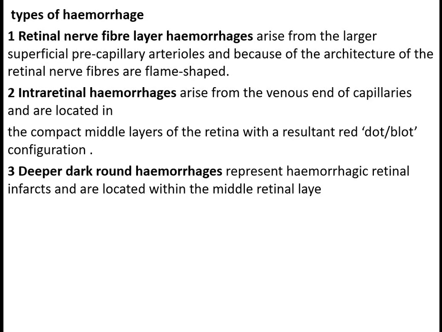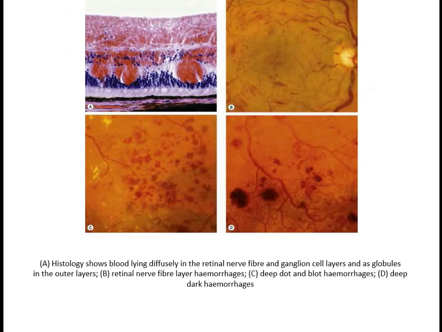It represents a hemorrhagic retinal infarct and is located within the middle retinal layers. تلاحظون هذا flame shaped hemorrhage in B، taking the shape of the axons layer. In C there will be dot blot hemorrhage, and in the last one D there is dark retinal hemorrhage in the deep layers of the retina.